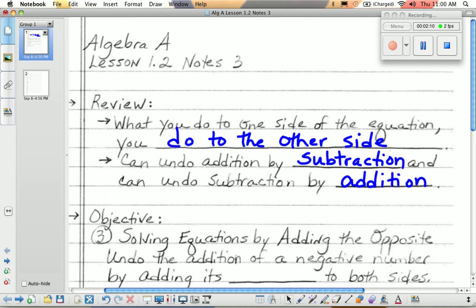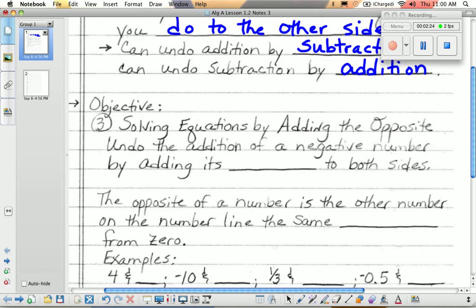Why don't you find objective number 3 in your books right now on page 18? Remember, the objective is above the example. What is the objective? Solving equations by adding the opposite. So we're going to use addition to undo addition.